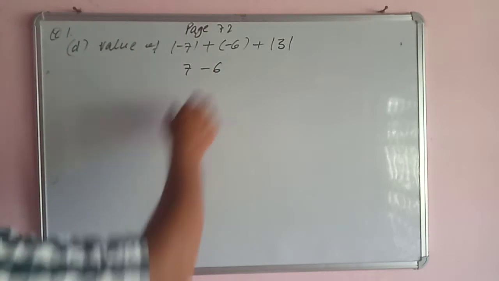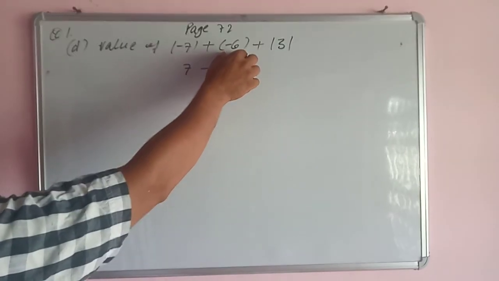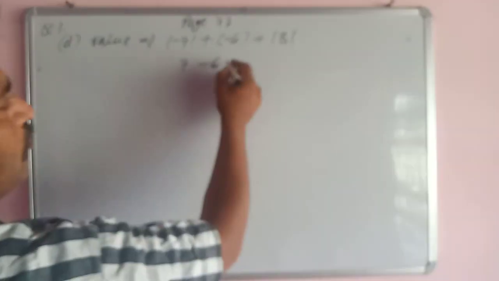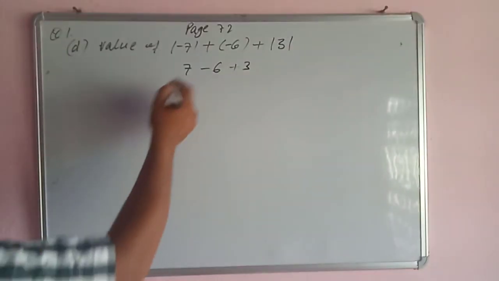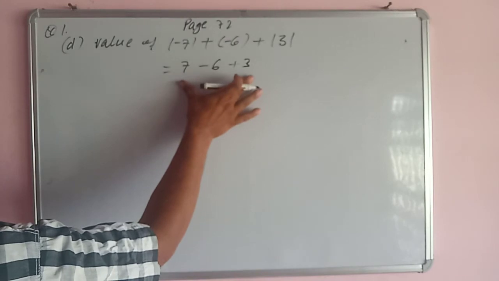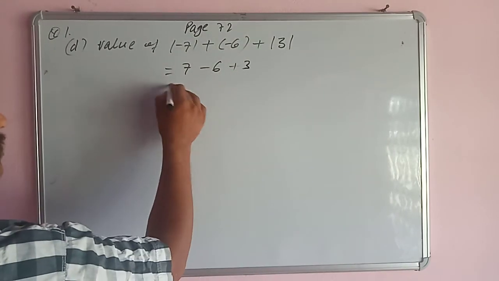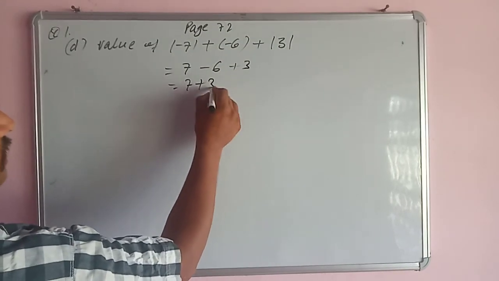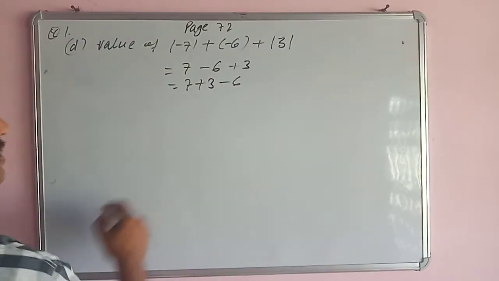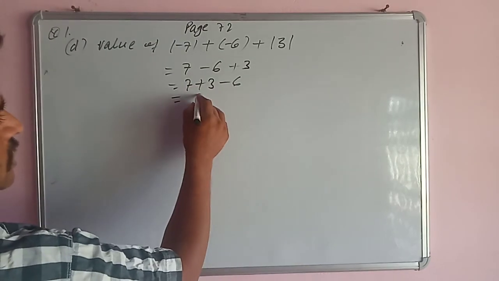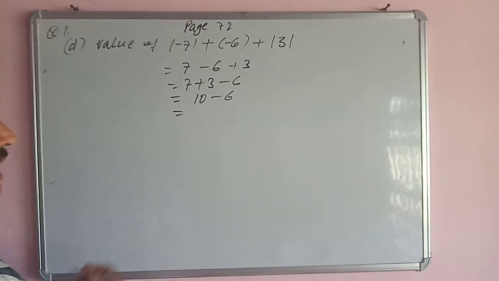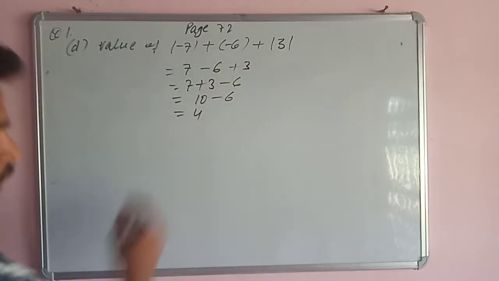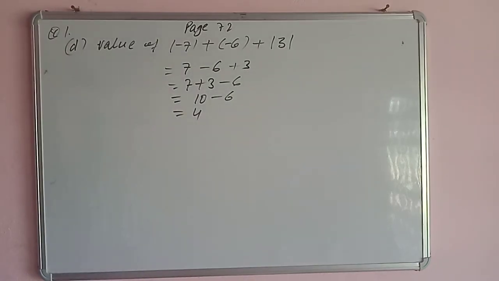Here it is not the absolute value, it is only in brackets. Then plus the absolute value of 3, that is 3. So we have two positive integers and one negative integer. We will write 7 plus 3 and then -6. So 7 plus 3 is 10 minus 6, which is 4. So the answer of this part is 4.